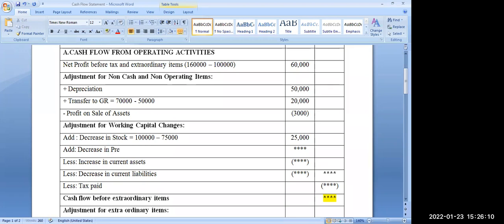So we have to add or minus? We have to add it. Just now in the stock we have witnessed that. So 2,000 rupees, 14,000 minus 12,000 equals 2,000.